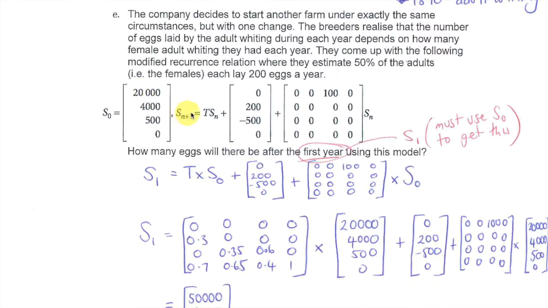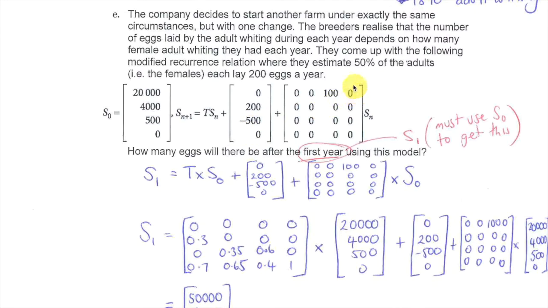So here's our recurrence relation involving matrices. S of n plus 1 equals the transition matrix, which is the same transition matrix as we had previously, multiplied by Sn, which is the status immediately before the one that we're after, plus this slightly new culling restocking matrix. So notice that we're not adding 8,000 eggs, we're just adding 0 eggs here.